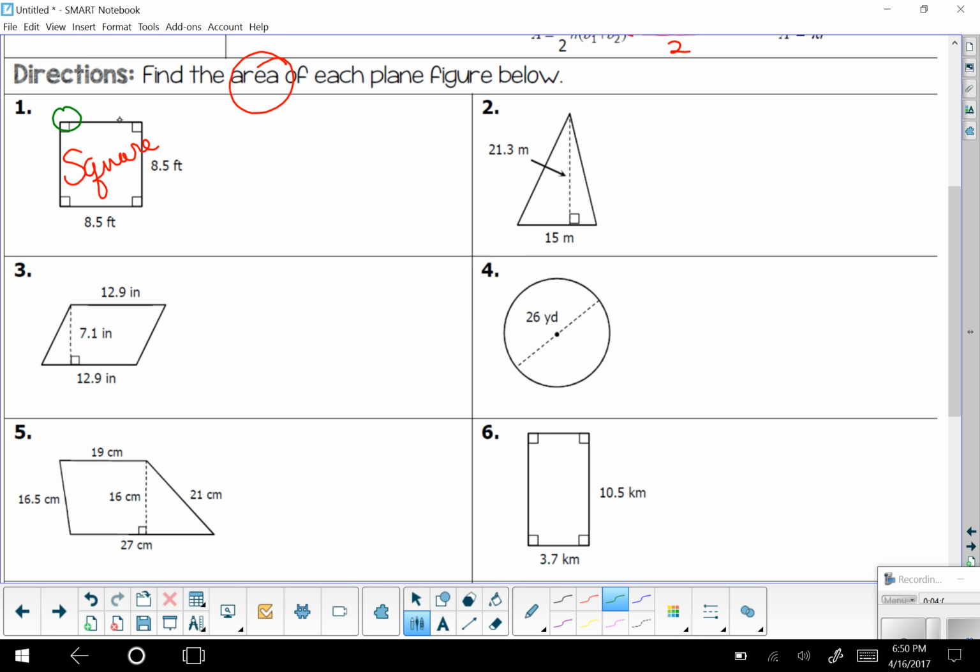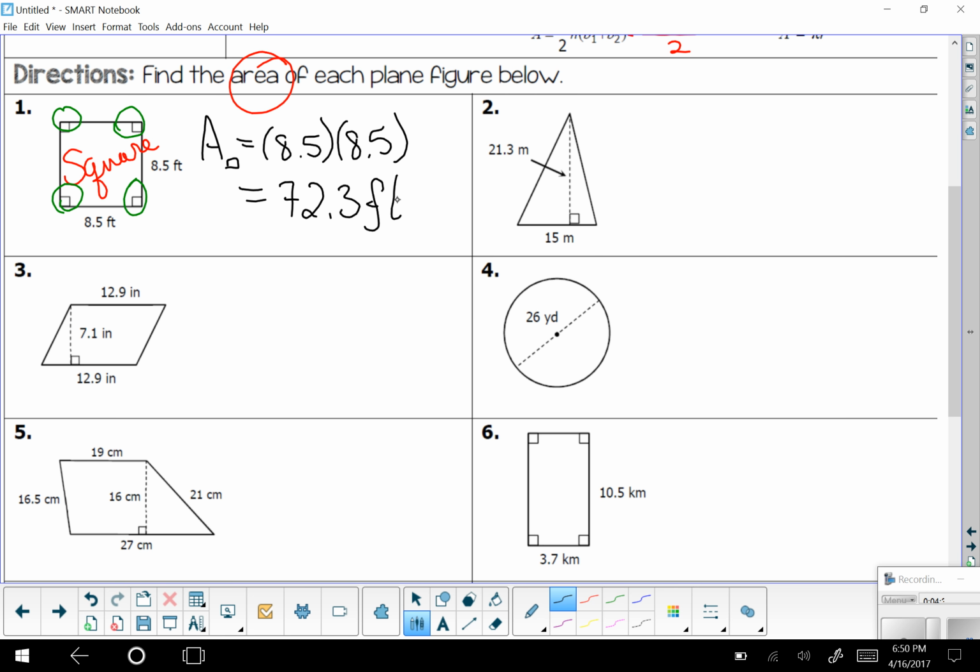Because of the 4 right angles. 4 right angles means that the area of the square is going to equal 8.5 times 8.5, and that's going to equal 72.3 feet squared. Let's round to the nearest tenth.